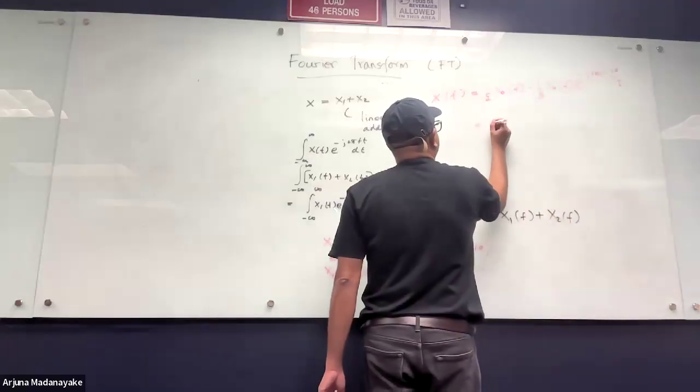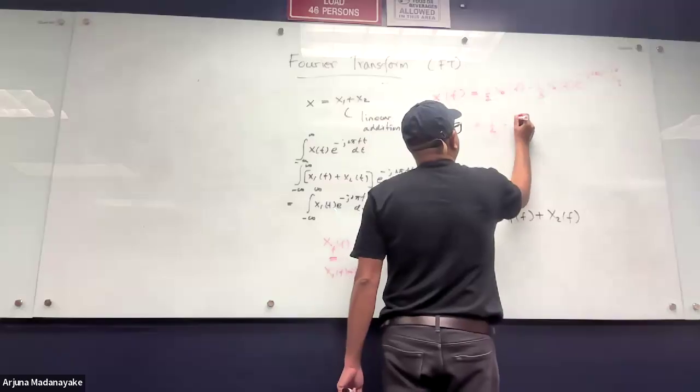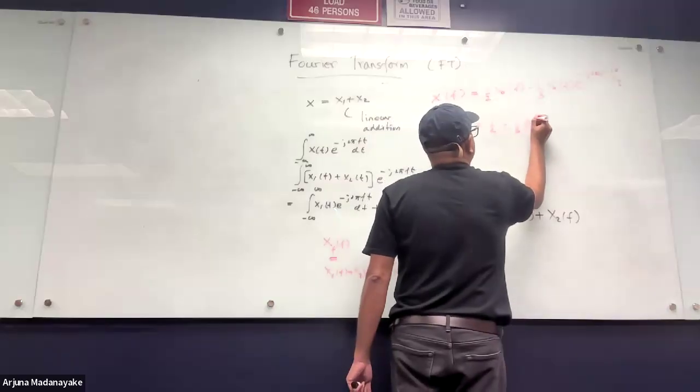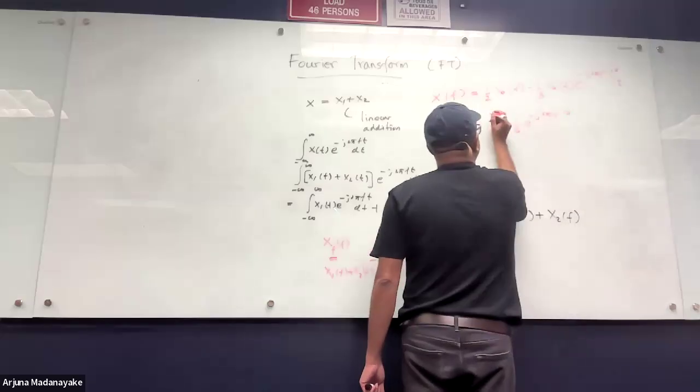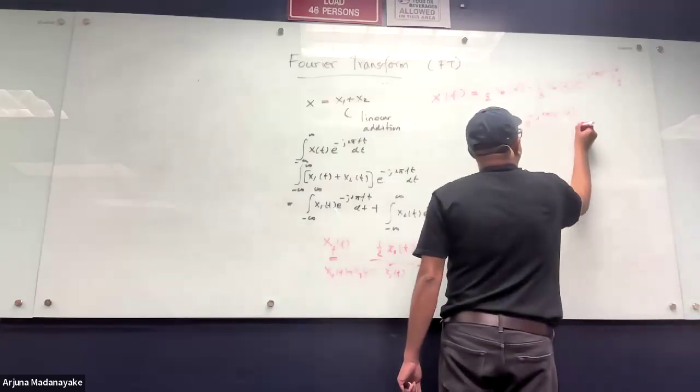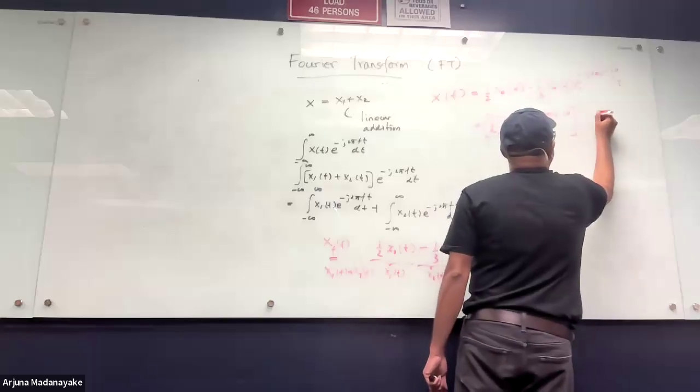So I can write 1/2 minus 1/3 e to the minus j 2 pi f tau times 10, the common factor, times the original Fourier transform.